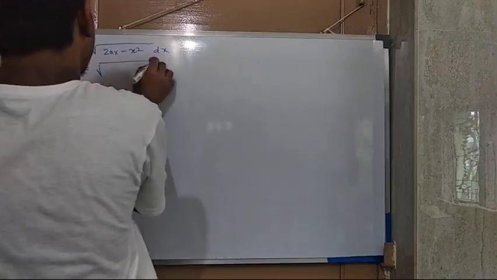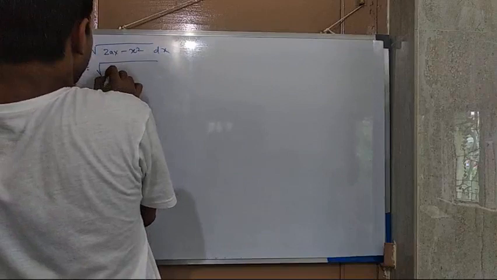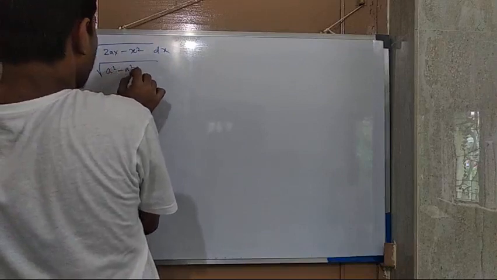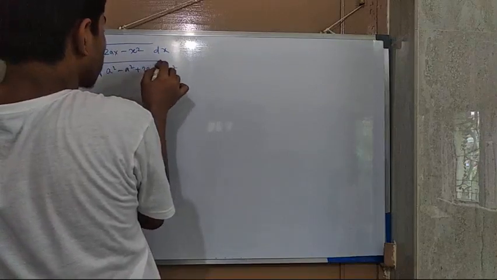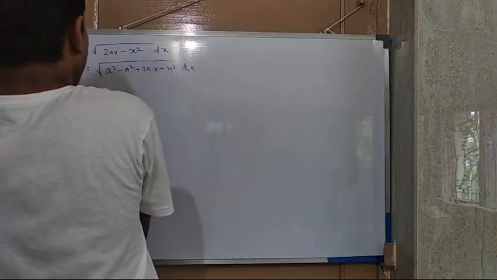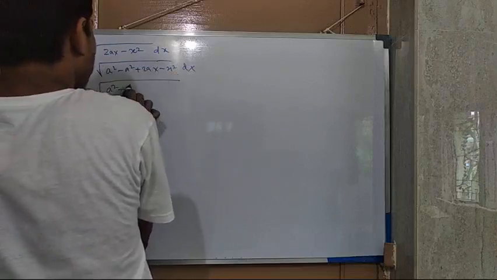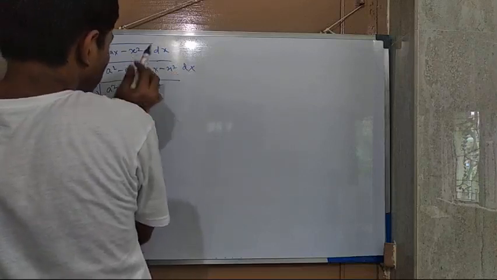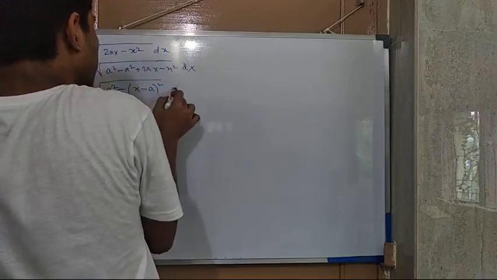So this is root under a square minus a square plus 2ax minus x square dx, which is root under a square minus x minus a whole square dx.